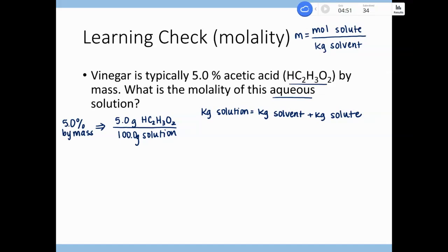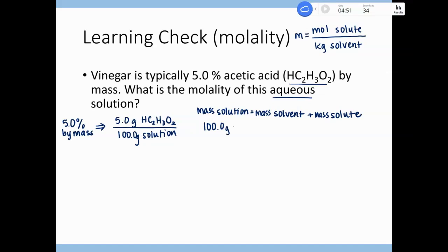We know that the total mass of the solution is 100 grams. That's what we're setting. So 100. I'm going to replace this, sorry, with kilograms. I'm just going to write mass because we can have different units here. So mass of the solution is the mass of the solvent plus the mass of the solute.